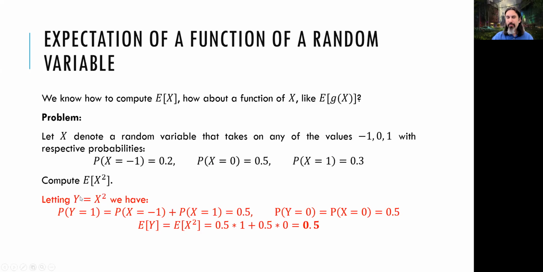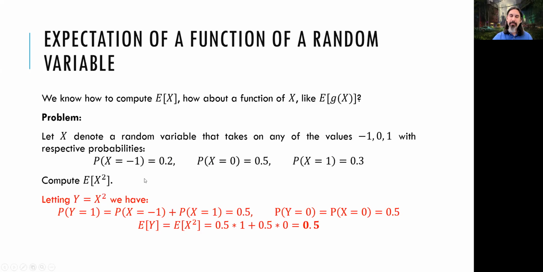Now, I know that Y can take two values only, 0 and 1, because X could take three values, -1, 0, and 1. X squared takes two values, because 1 from here, 1 from here, and 0 from here. So these two are the same for X squared. So my probability of being 1 for Y becomes 0.5, because I add these two. And my probability of Y being equal to 0 is once again 0.5, because it comes from here.